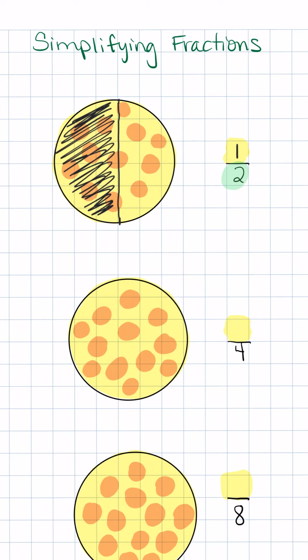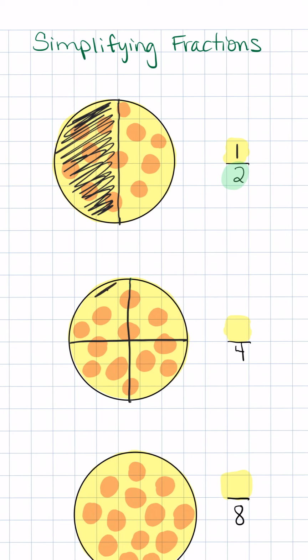Well, now, if we have that same pizza, but we split it in not just half, but then we split it in half again, and I am going to eat the same amount of pizza.